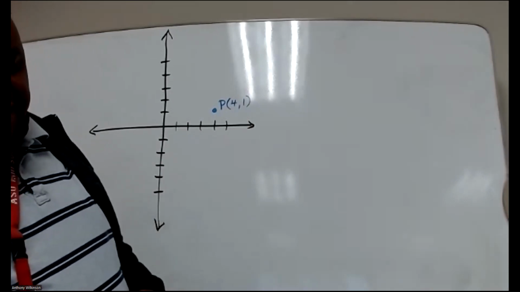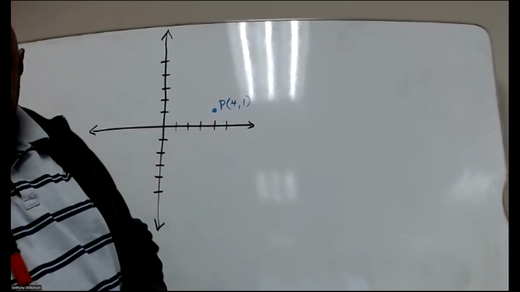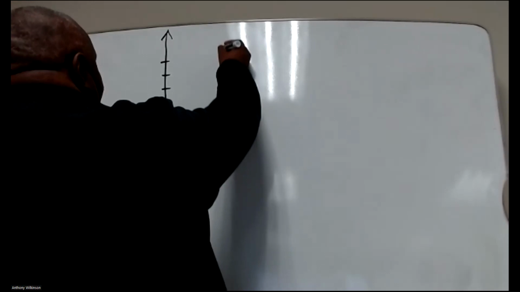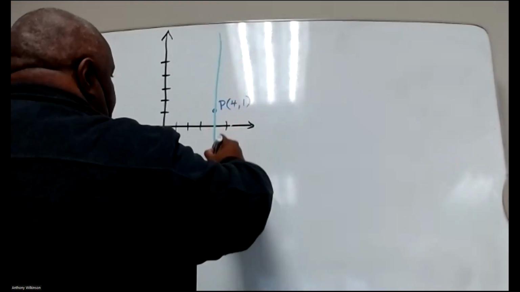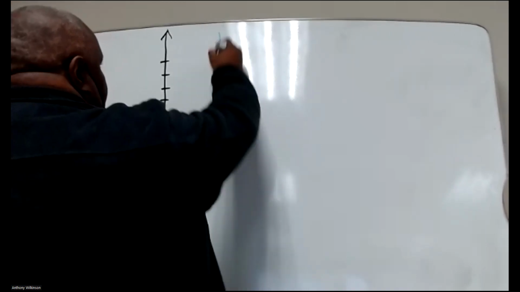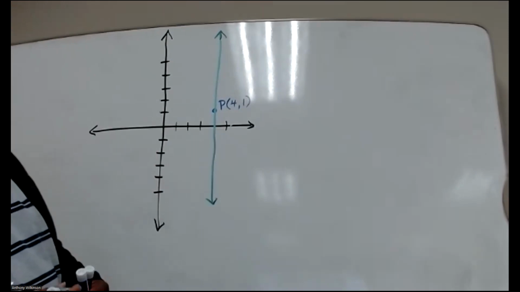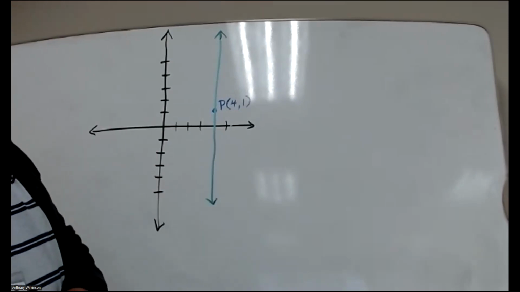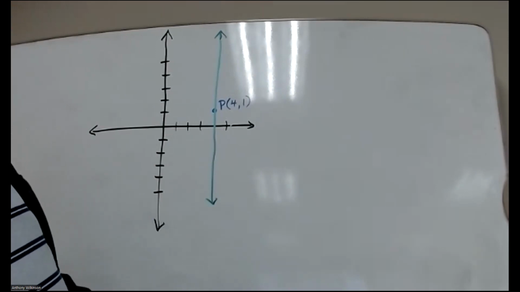And we're told that it's perpendicular to the x-axis. So if this is the x-axis, anything perpendicular will have to be going like this. And we want to find out what the equation of the line is going to be.